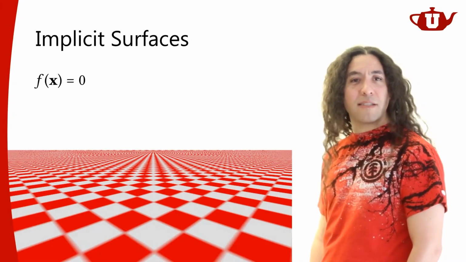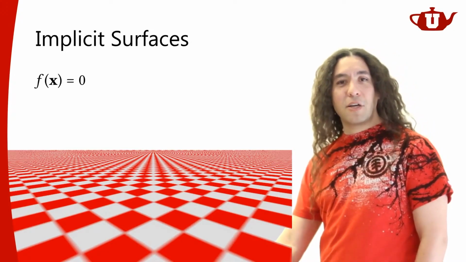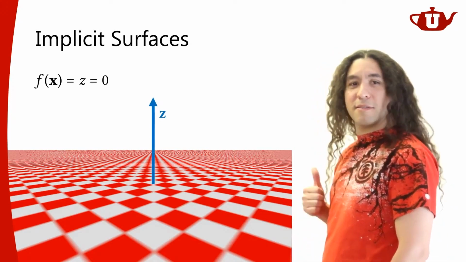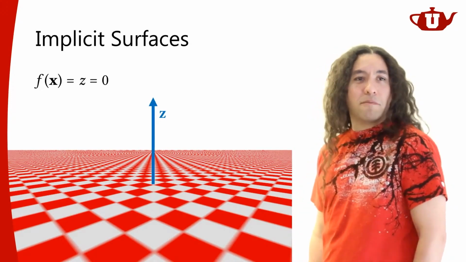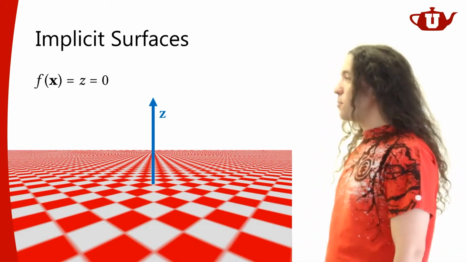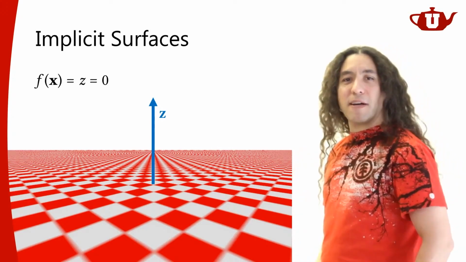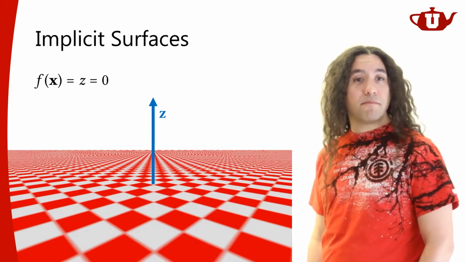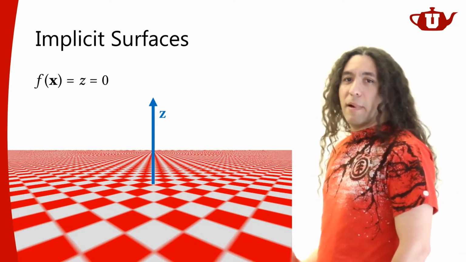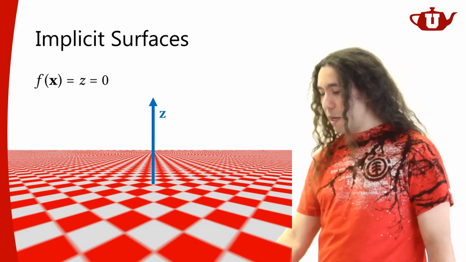If the surface normal is z, it could be z is equal to 0. So any point that satisfies this equation would be a point on the xy plane where z is equal to 0, right?